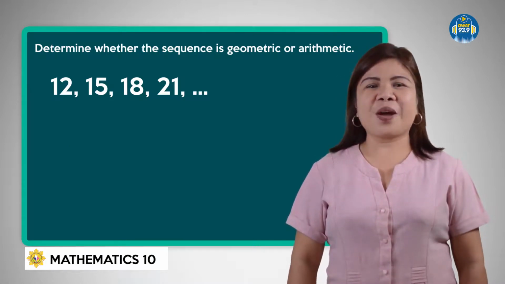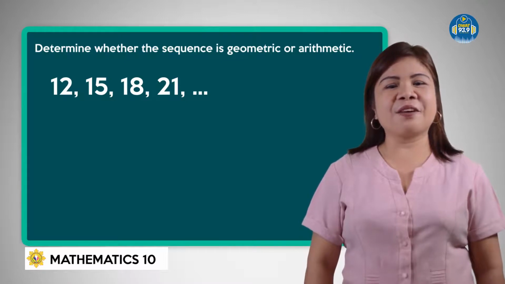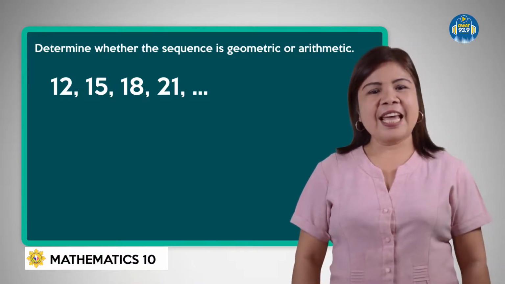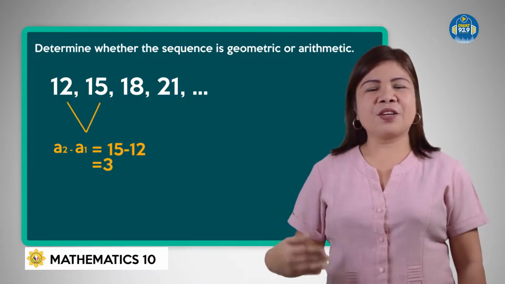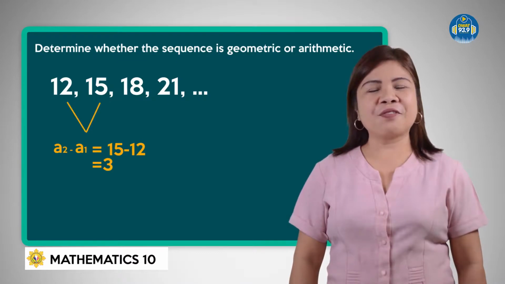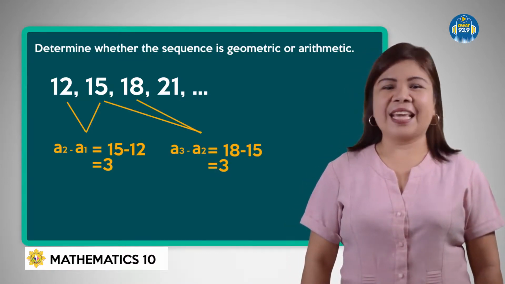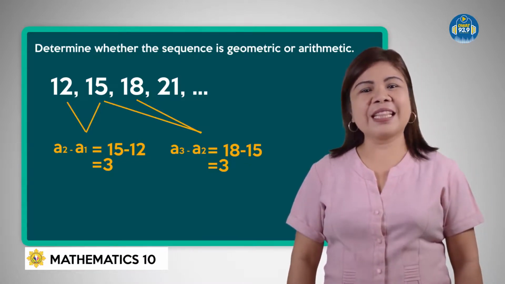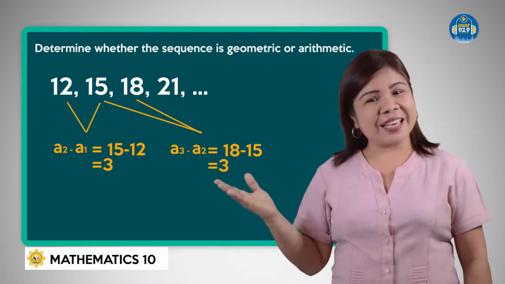Now, let's try to obtain a common difference by using the first three terms, 12, 15, and 18. A sub 2 minus a sub 1 is equal to 15 minus 12, which is equal to 3. And a sub 3 minus a sub 2 is equal to 18 minus 15, which is also equal to 3.